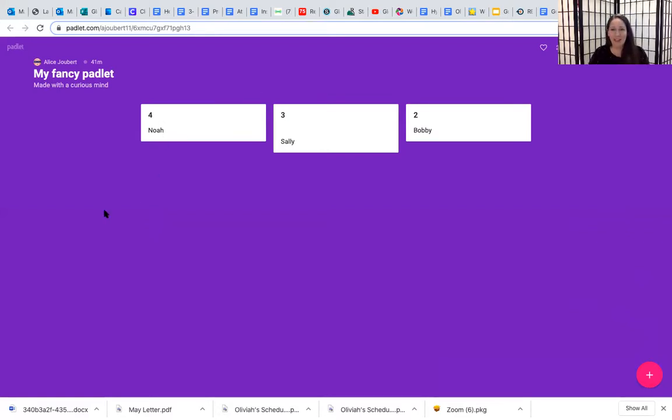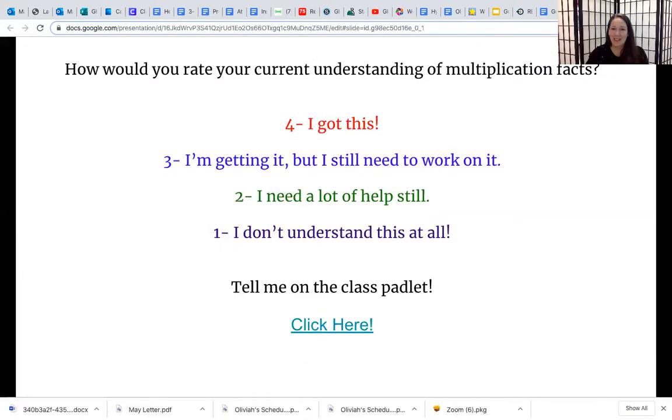I'll give you a second to do that. And remember, 4 is I've got this. 3 is pretty much I'm getting it. 2 is I still need to work on this a lot. And 1 is I just don't know this at all yet. Okay, great. You've all rated yourselves. So let's dive into the lesson.